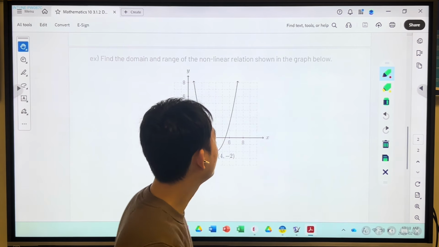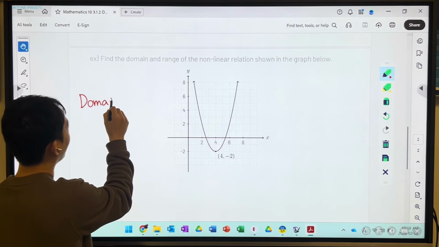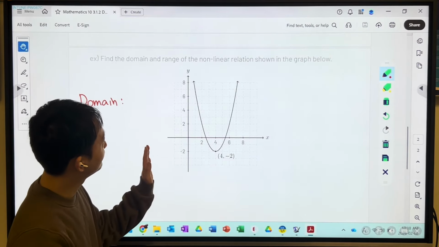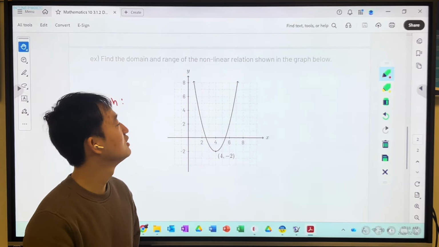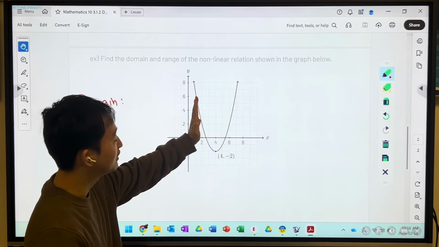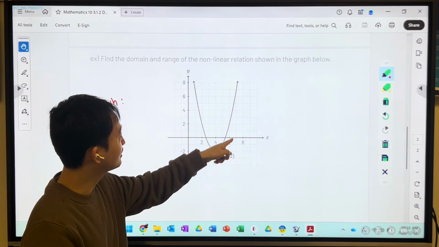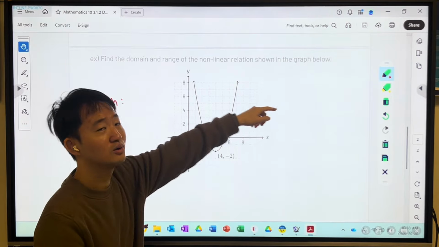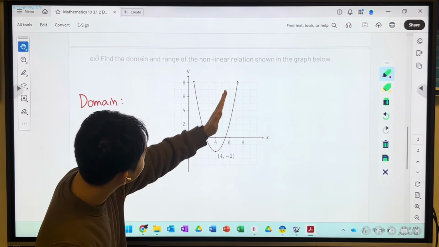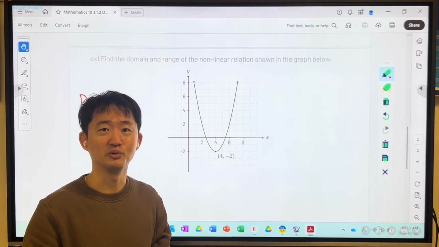First, in order to find the domain, we need to look at for what value of x this graph does not exist. Can the graph exist when x equals 2? Well, it does. What about x equals 7? It does. What about x equals 100? We can assume that the graph goes on infinitely, and yes, x equals 100 will work.